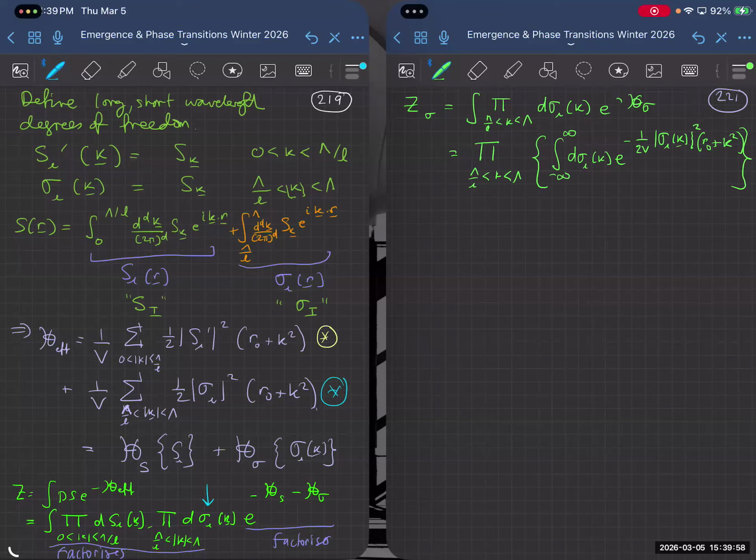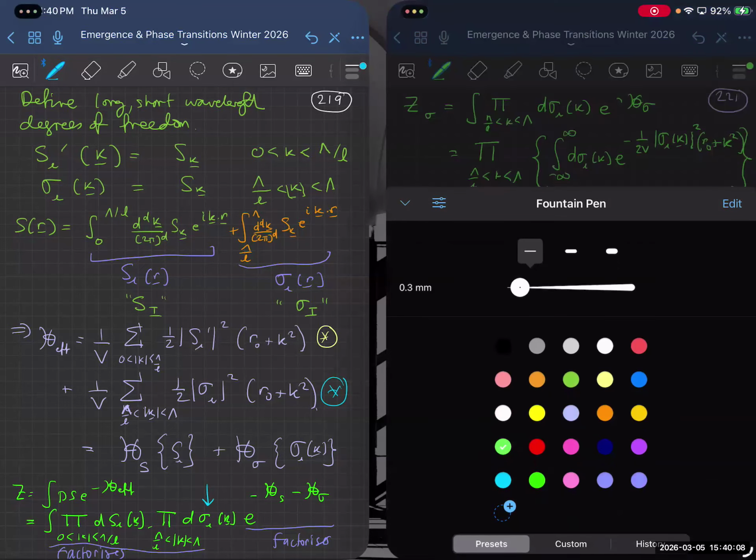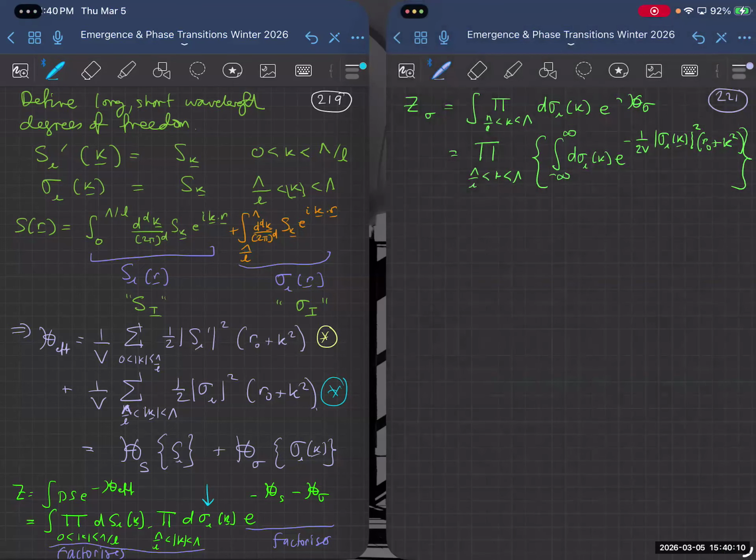So when they're a product and the sigma is a product, then I can take the product outside, and inside this is a number that depends on K, and it depends on R naught. The sigma is a dummy variable.